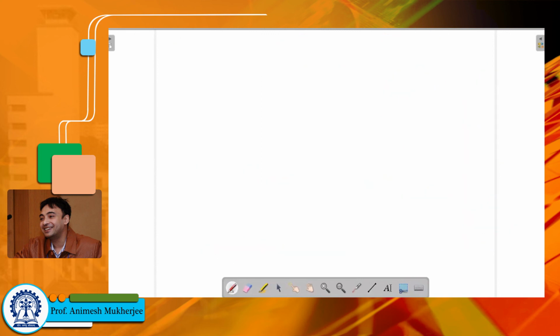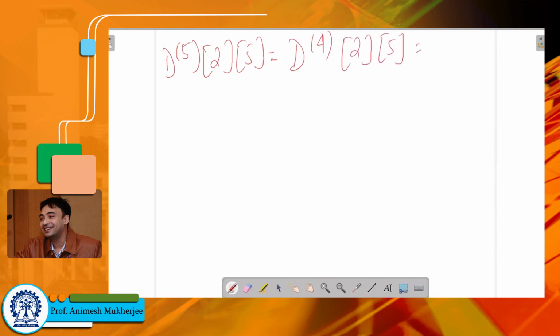Then you go for d5 2 to 5. Again, as you see, this is equal to d4 2 to 5, as by including V5, you cannot have any shortest path that ends on V5 and also passes through V5.